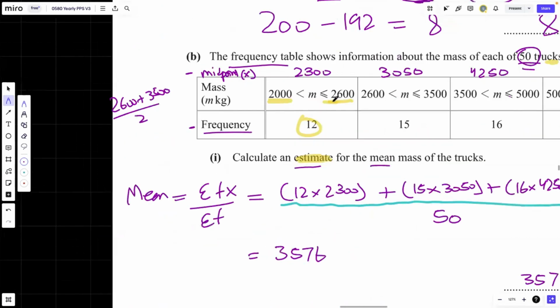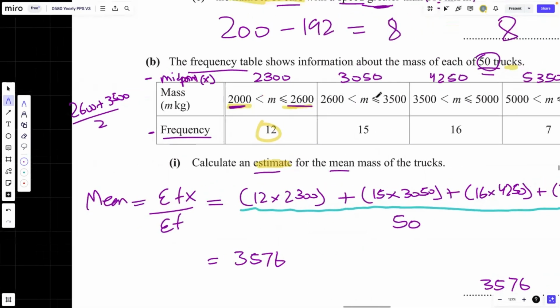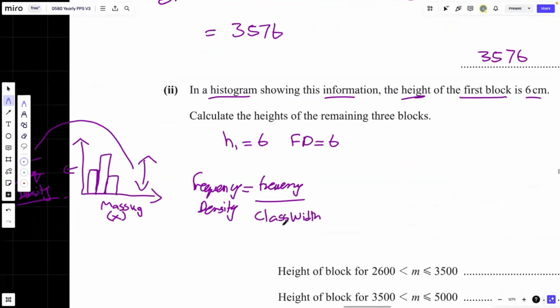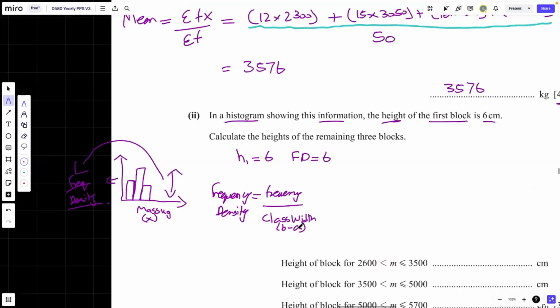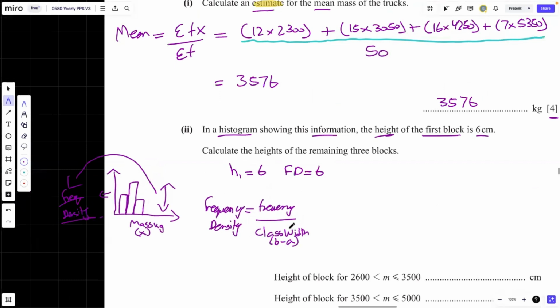Class width is just the distance between your ranges. So for the first column, the class width is going to be 600 because 2600 minus 2000. For the second, it's going to be 3500 minus 2600. That's 900. That's your class width. In other words, B minus A, where B is the greater range or the max range, and A is the minimum range in a double inequality.